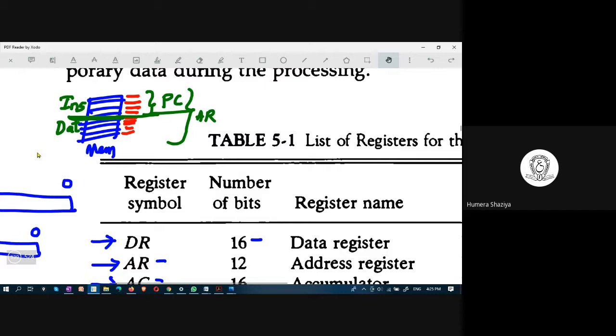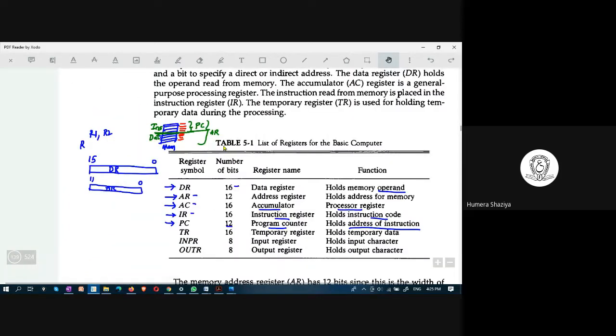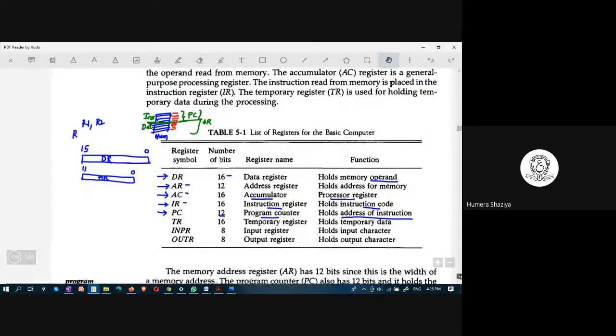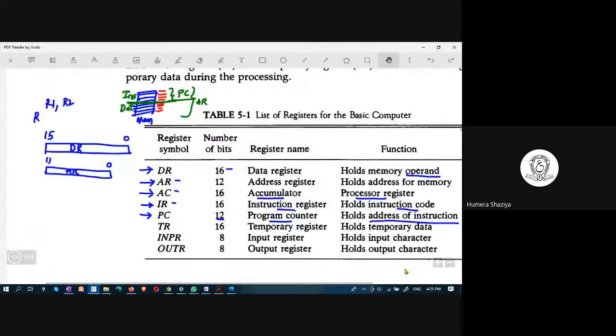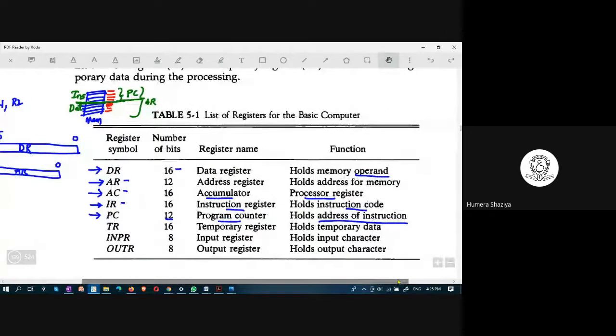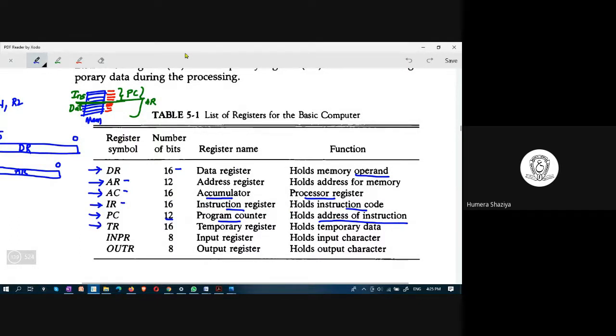AR can store the address of instruction or data, anything. Going forward to this TR, TR is a temporary register.